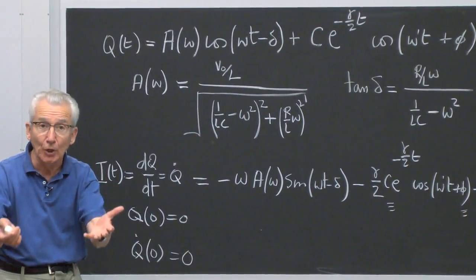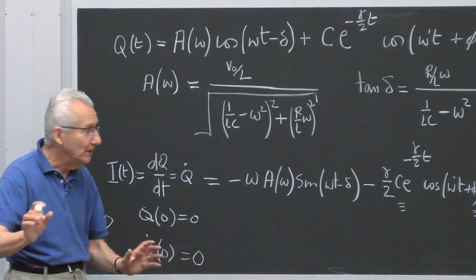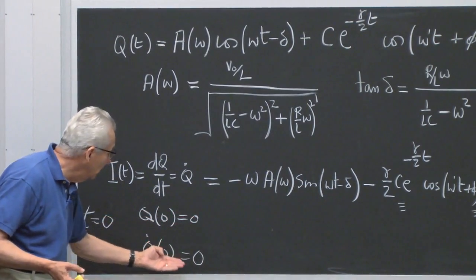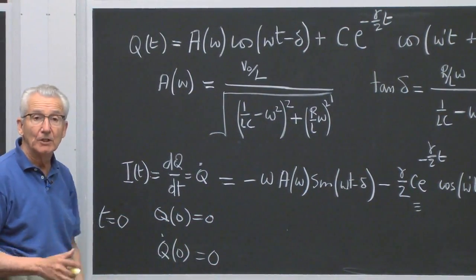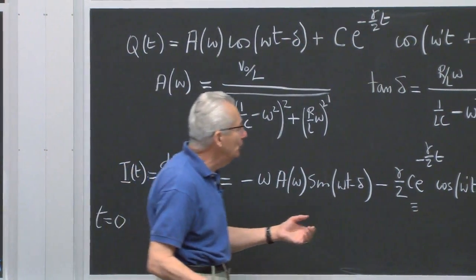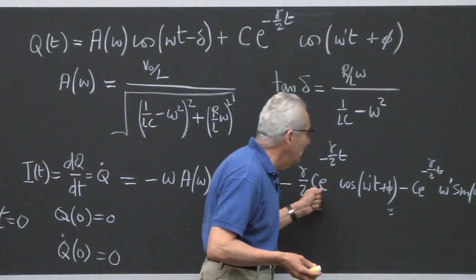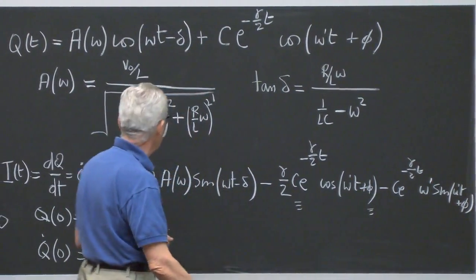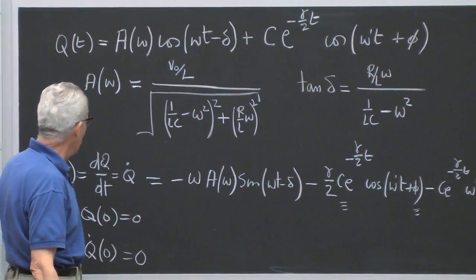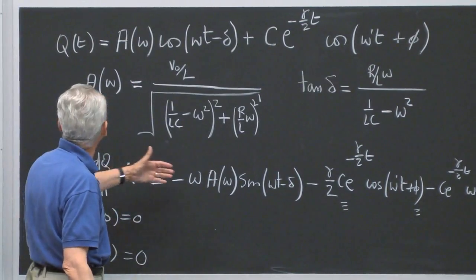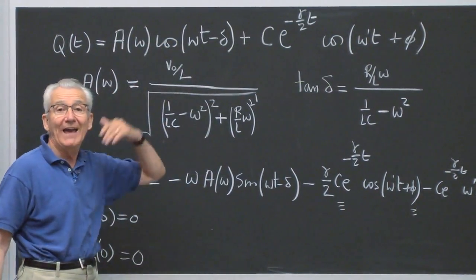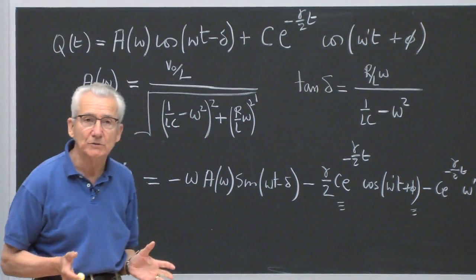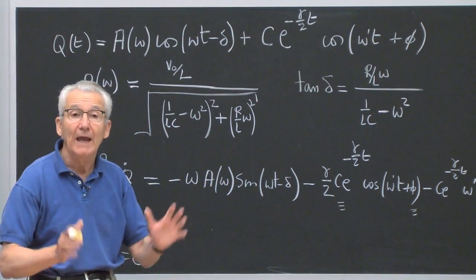I know you can solve them if you keep your cool and follow all the constants. You take these two algebraic equations, solve them, you come out with a value for C and a value for the phase phi, and then I have the final answer. I then have this equation for I of t and q of t for any t. And so I can predict at any time what this will do. Okay? End of story.